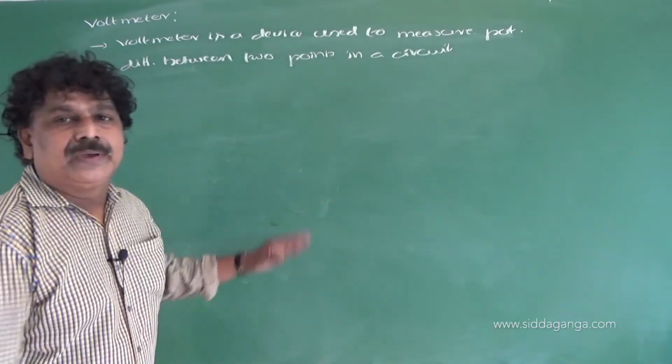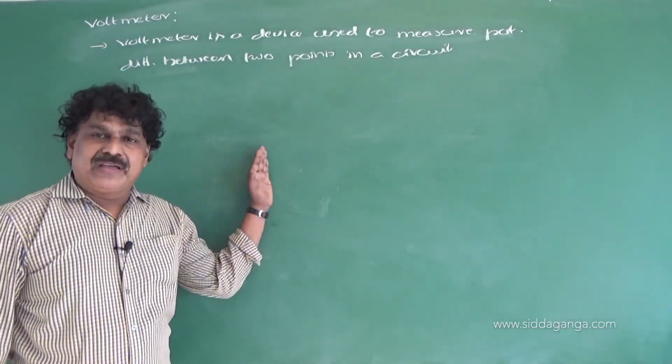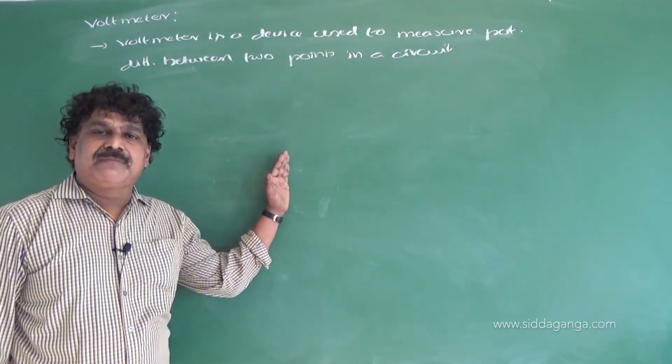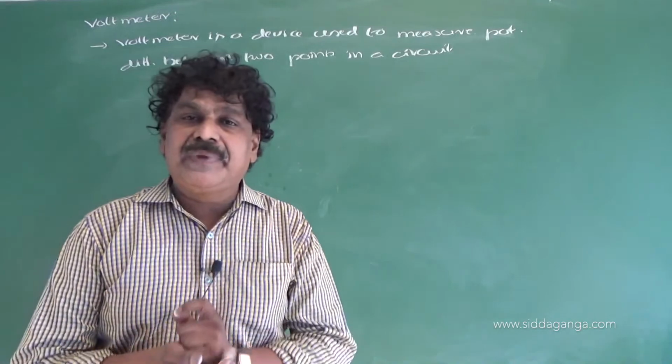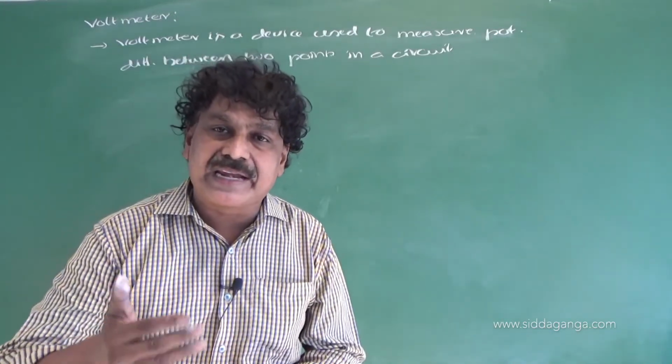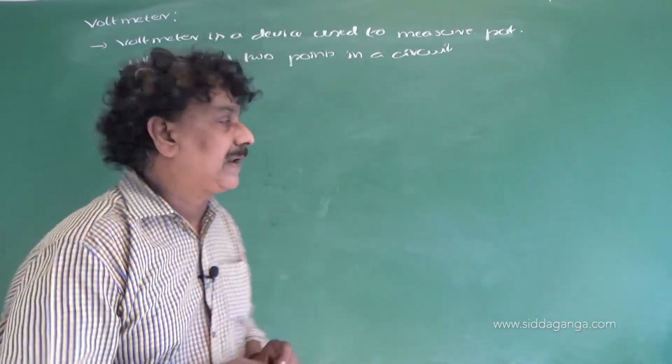Right. Now, to measure potential difference between 2 ends of the conductor, a voltmeter is always connected in parallel.